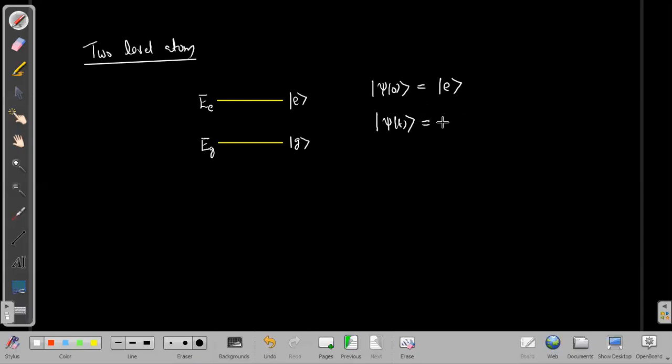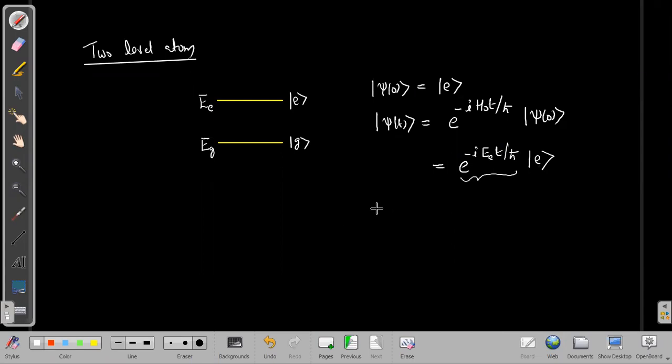So according to the Schrodinger picture, we can find the state of the system at a later time as e raised to minus i H0 t by h cross acting on psi at 0, and this would simply give e raised to minus i Ee t by h cross, and psi of 0 is simply E. Okay, so the state of the system will remain as E, but there would be a phase factor. Now there is not much importance for the phase factor.